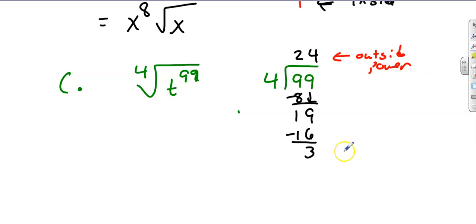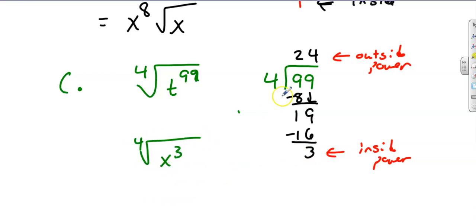So again, that's our outside power, and the remainder is what's on the inside, because it's remaining on the inside. So if we break this thing down, it's the 4th root of, we're going to have 3 x's on the inside, and we're going to have 24 x's on the outside.